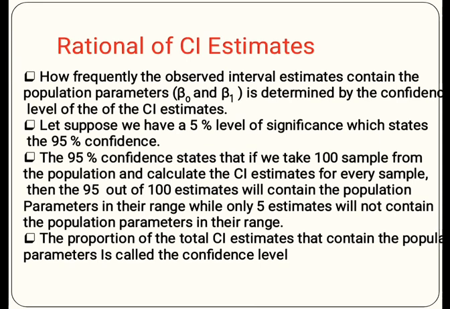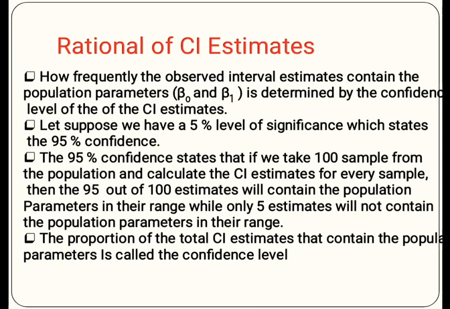And of course, you need more confidence. We could say we must be 100% confident that our population parameter lies in this range. But if we reduce alpha, the level of significance, we will increase the probability of type 1 error.